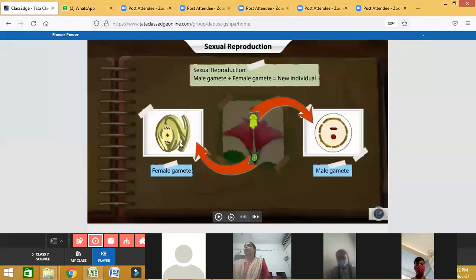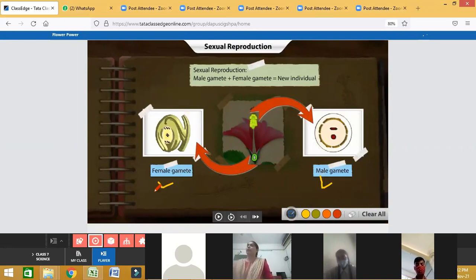We have seen in this video that in sexual reproduction, two gametes are there. One is the female gamete and the other is the male gamete. Now the question is, ma'am, what are the female parts of the plant? First of all, you should know what the female parts of the plant are.